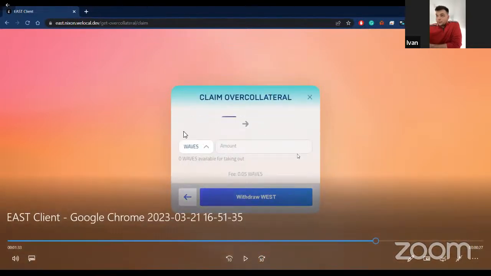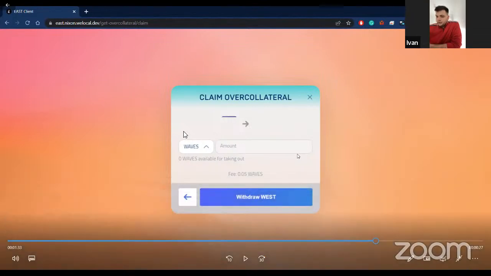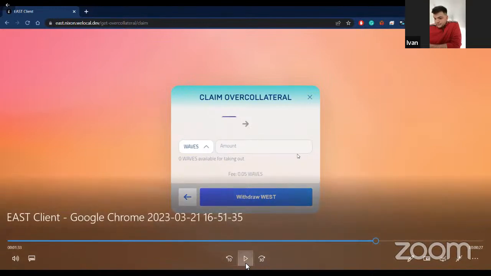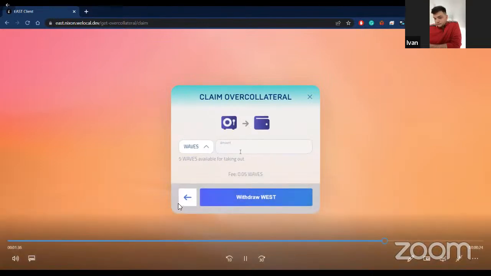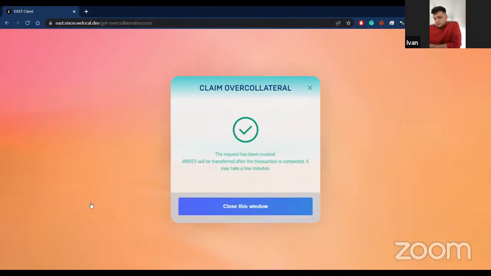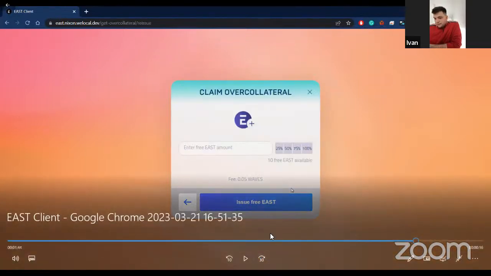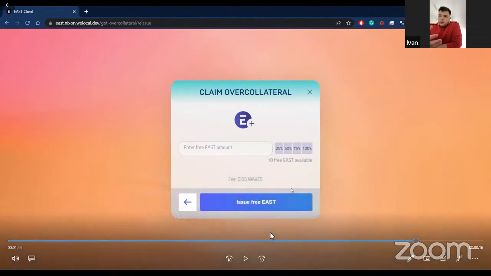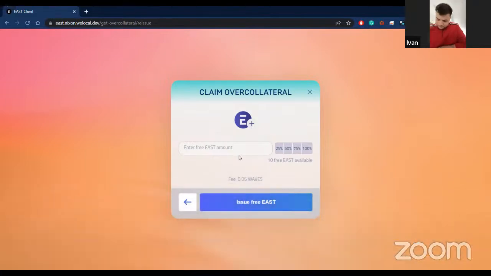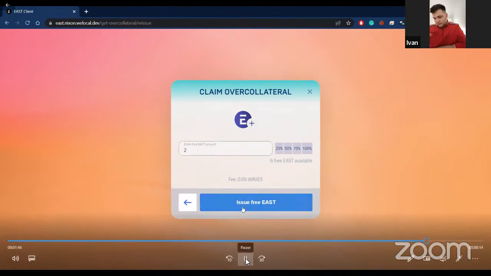So we can issue new ETH, we can take away over-collateral like this, and we can use our over-collateral to increase our collateral level.